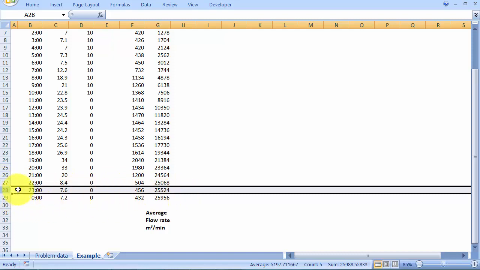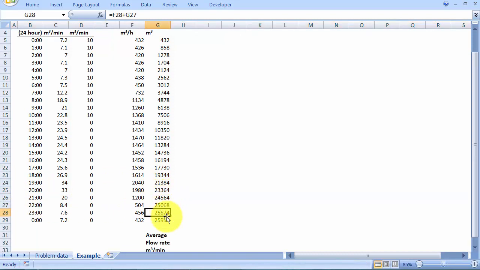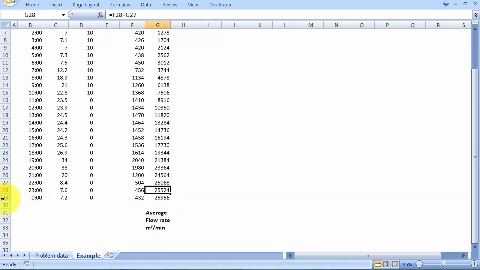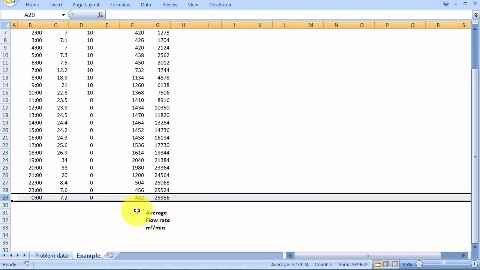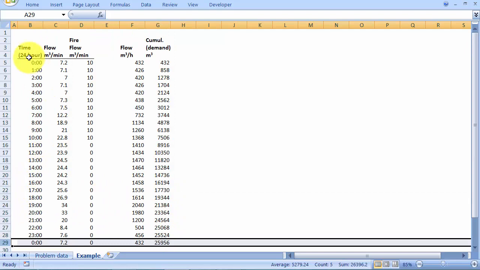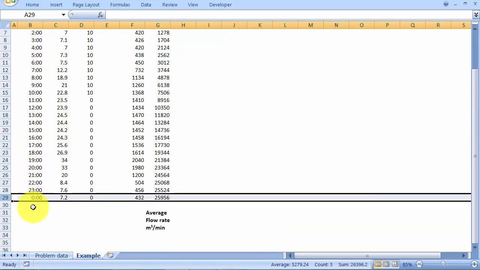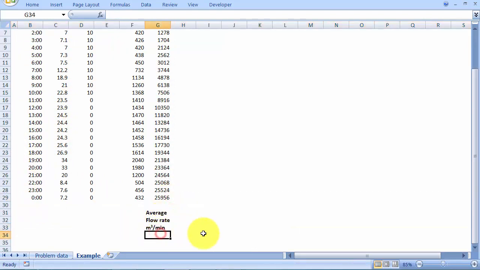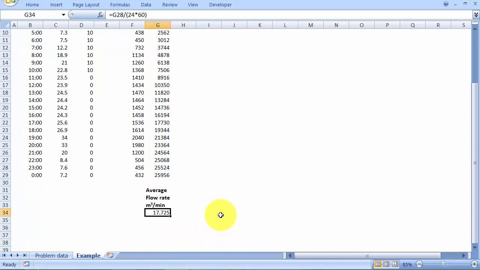We have 24 hours of flow up to this point, which is the total volume. The point below is continuing the loop back to the 25th hour into the next day. For this value we have the total flow over the 24-hour period divided by 24 hours and 60 minutes in every hour. So we find that our flow rate is nearly 18 meters cubed per minute.